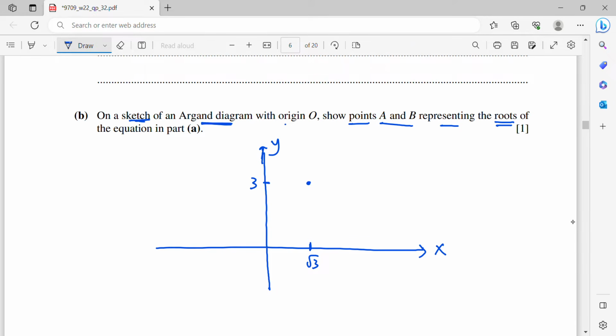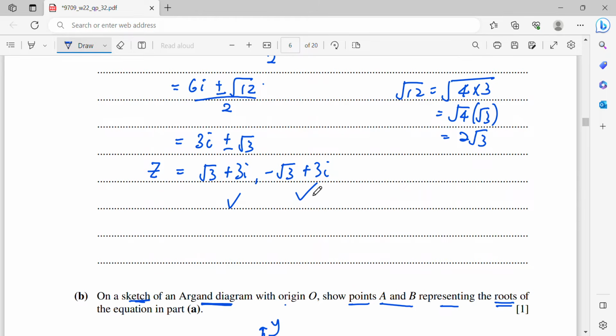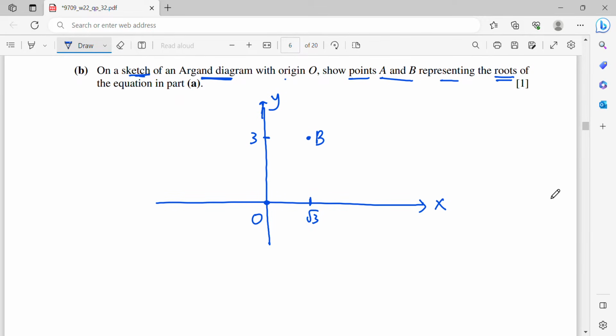Another one is the O, here is the O. Show points A and B, so I let this be point B. And then another point is minus root 3 plus 3i. So the real part is negative root 3 and the imaginary part is 3. Let's say here is the A. Alright, so this is our result, because you just need to show the points. So we have found A, B, and the O.